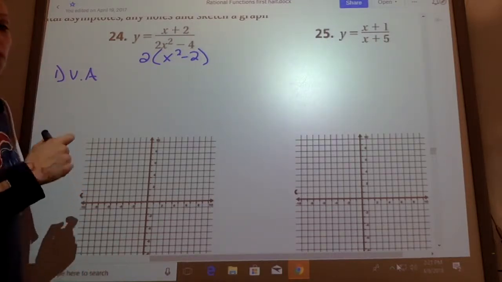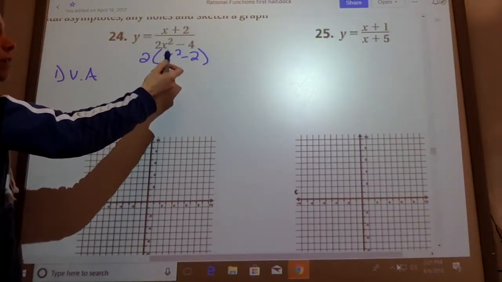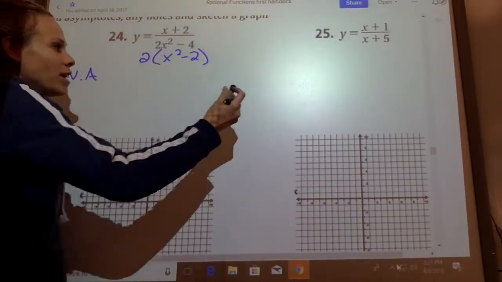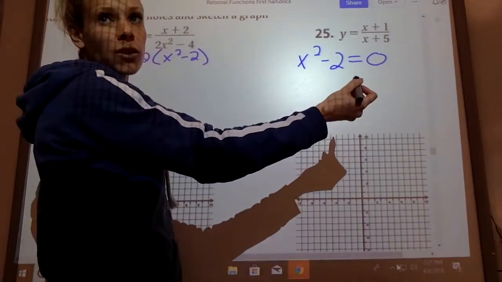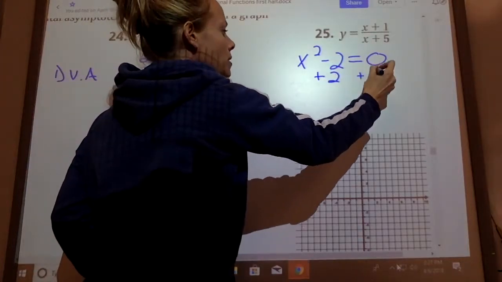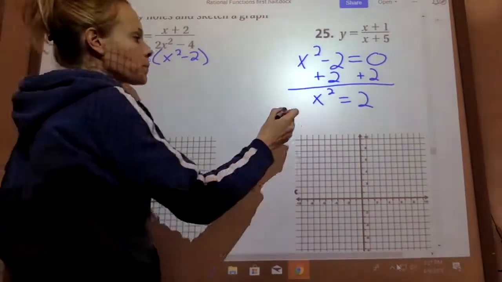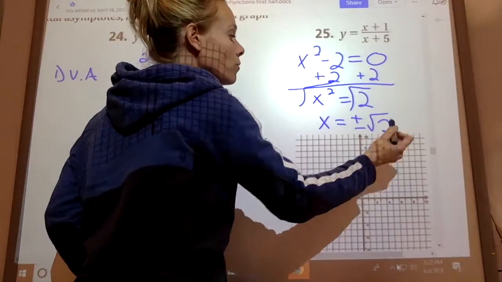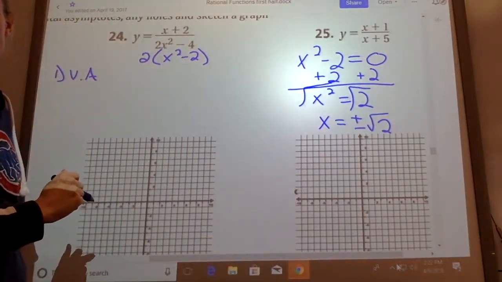Okay? So some of you might be able to do this in your head. What number squared minus 2 would give me 0? If you can't do that in your head, you would have to set it equal to 0 and use your algebra skills to find what x would be. So I would add 2 to both sides. How do I get rid of a squared? Square root both sides. I'm actually going to have 2 vertical asymptotes, positive root 2 and negative root 2.